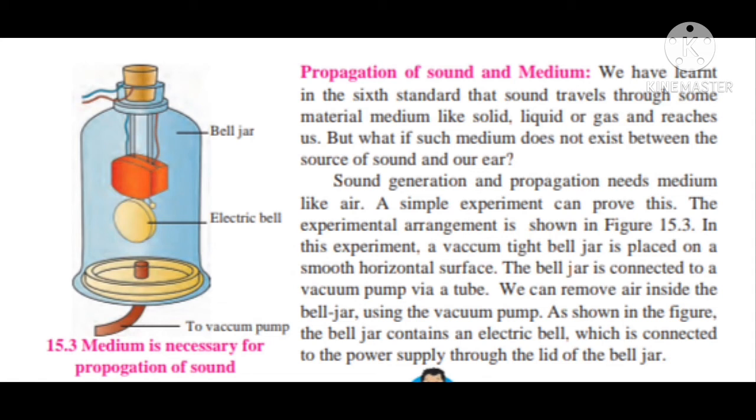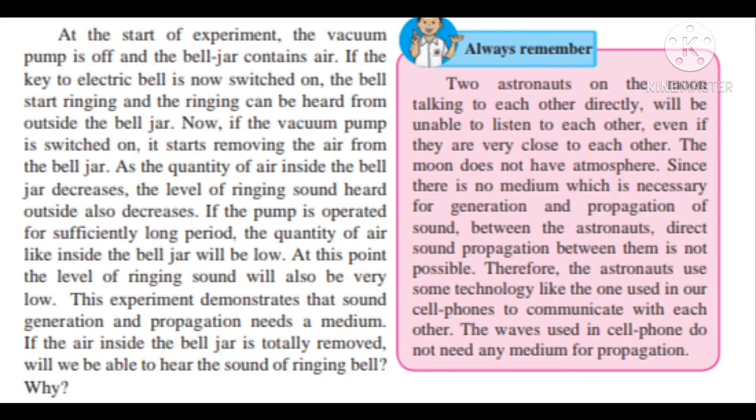As shown in the figure, the bell jar contains an electric bell which is connected to the power supply through the lid of the bell jar. At the start of this experiment, the vacuum pump is off and the bell jar contains air in it. If the key to the electric bell is now switched on, the bell starts ringing and the ringing can be heard from outside the bell jar.